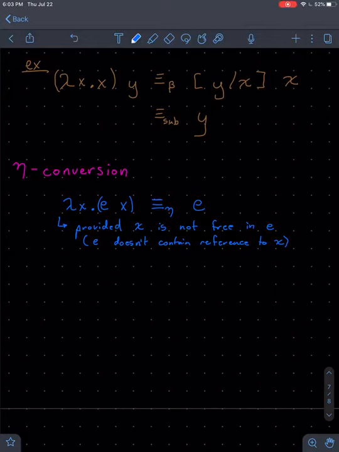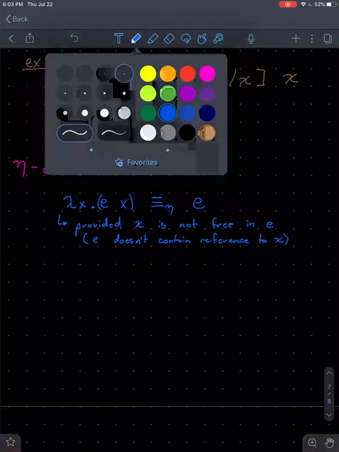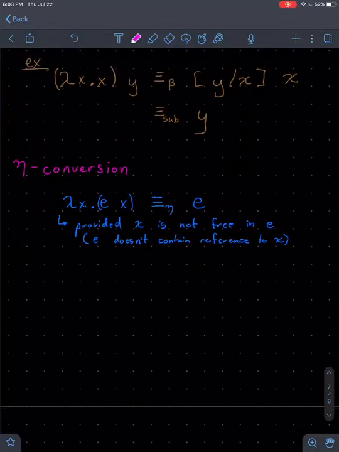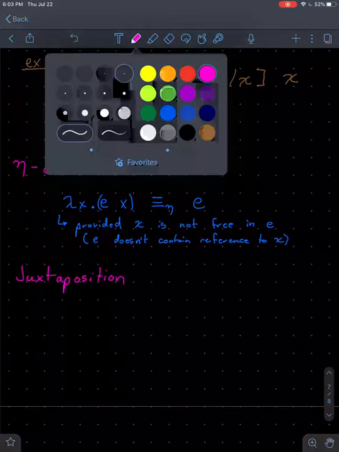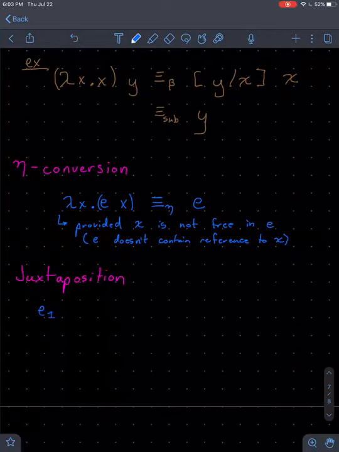Yeah. And then I do want to make one more note, and I think this was the note that should clear up a lot for people. So we also have juxtaposition, which is a fancy word for stuff with spaces in it. So when we encounter something like E1, E2, E3, this groups E1, E2, and then E3, like so.